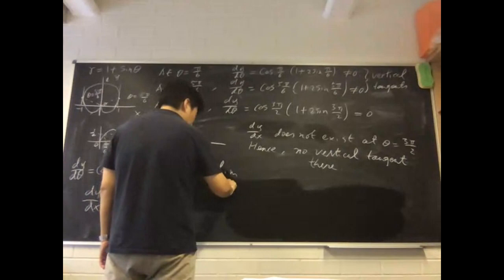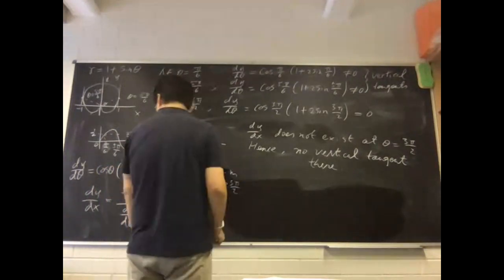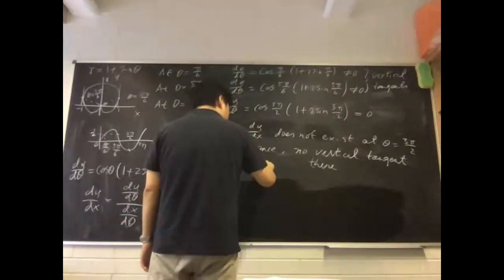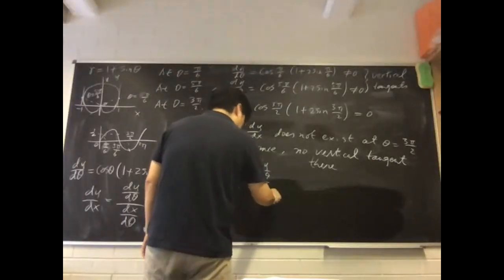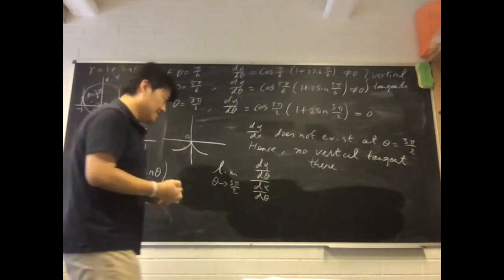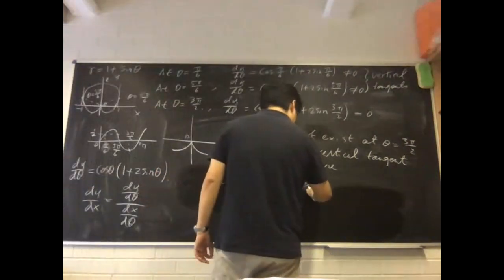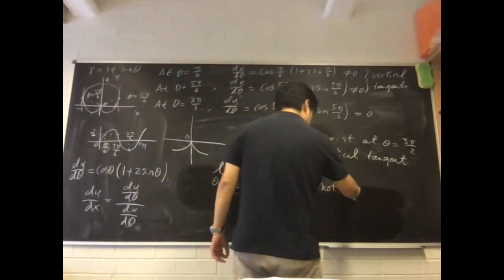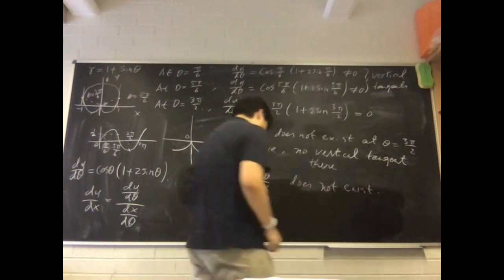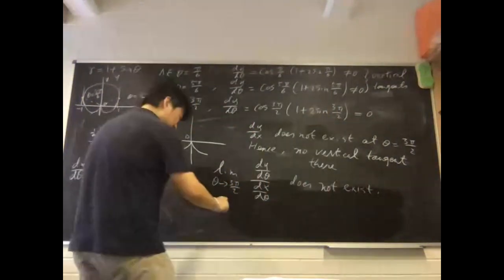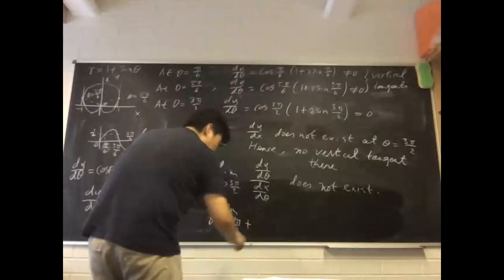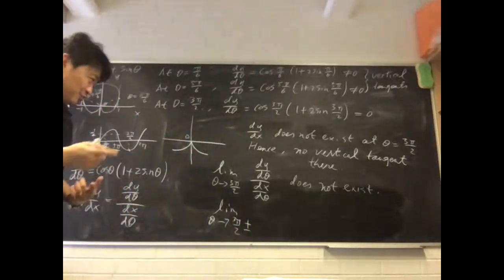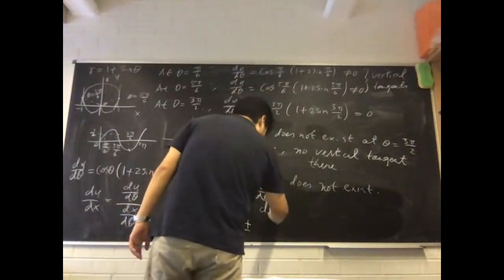As theta goes to 3 pi over 2, of dy/d theta over dx/d theta, this limit does not exist. But the two one-sided limits exist. As you take theta to 3 pi over 2 from the left or from the right, you actually get one-sided limits.